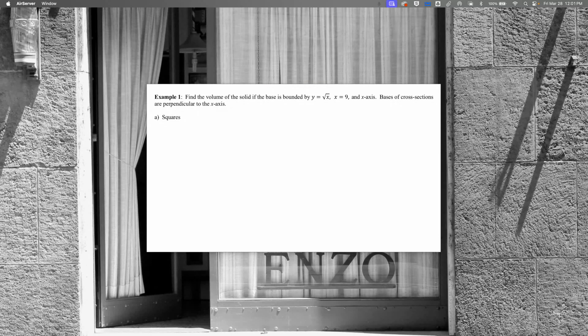Okay, so for this guy, we got three graphs. We have the square root of x, x equals 9, and the x-axis.